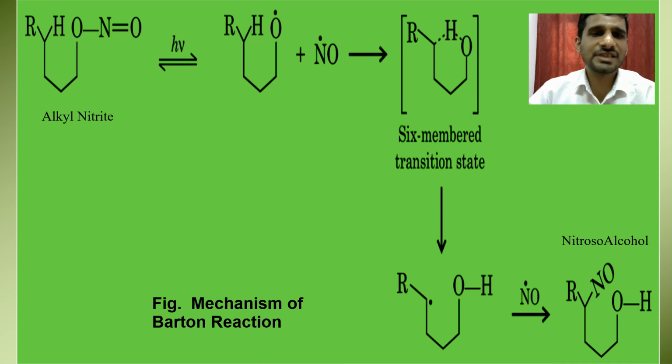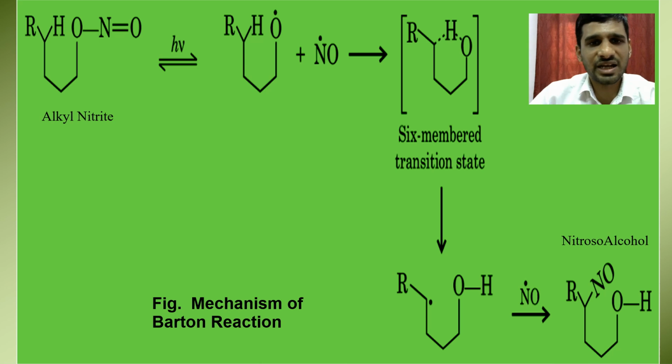Now, as we have seen in our previous slide, a delta hydrogen atom must be present in a molecule which is participating in Barton reaction. What was the prerequisite of Barton reaction for a molecule? It must have a delta hydrogen atom at delta carbon atom. This oxygen is attached over here, this carbon is alpha, this is beta, this is gamma, and this is delta.